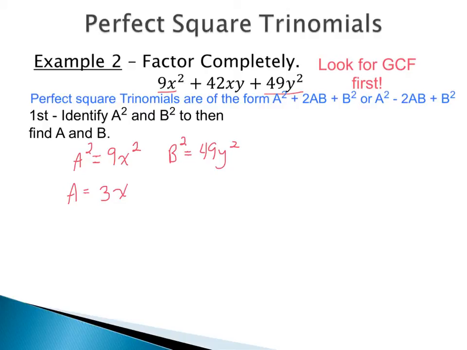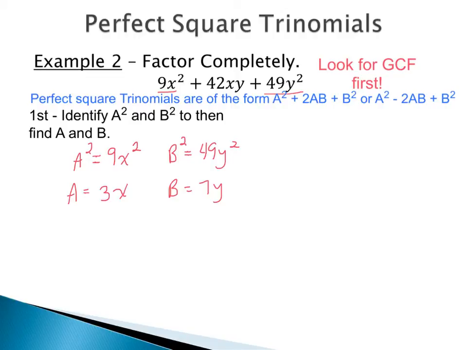Same idea for b. If b squared equals 49y squared, b would equal 7y, since 7 squared is equal to 49. Another way to do it would be to take the square root of each of them. So the square root of 9 is 3, the square root of 49 is 7. So first we need to identify what a squared and b squared are so that we can then figure out what a and b are.